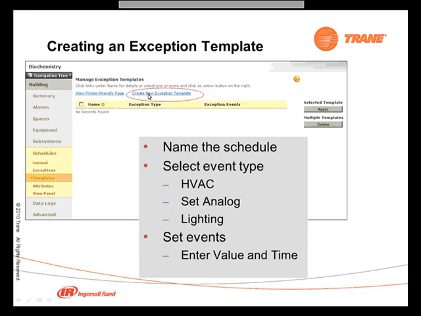We select Create New Exception Template. Again, we give it a descriptive name. We select the event type. In most cases, it's going to be an HVAC type event. And we set the events, entering the value and time. Once we do that, we can apply the template, or we have two buttons on the right here where we can delete templates or apply templates accordingly.